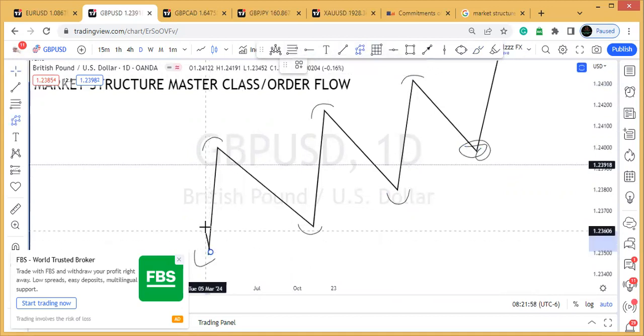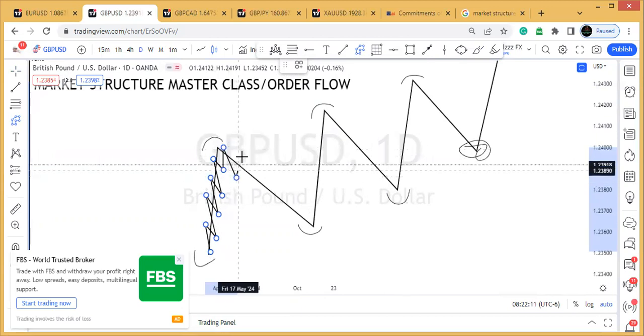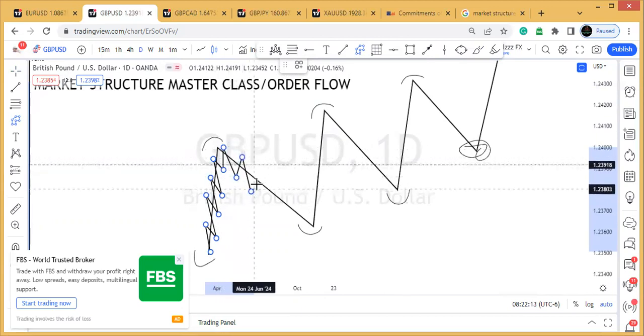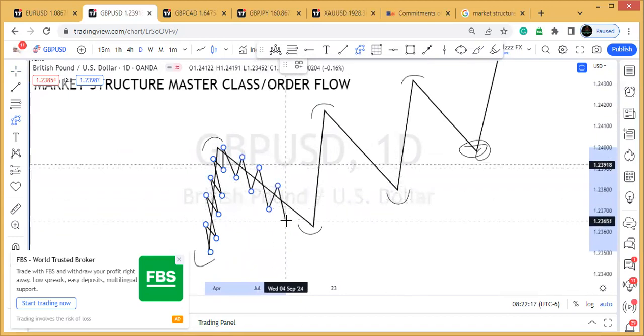If the market is going up, you have internal structure, internal structure, internal structure. Then you have your change of character. You have something like this. Market is coming down, that's your internal structure.